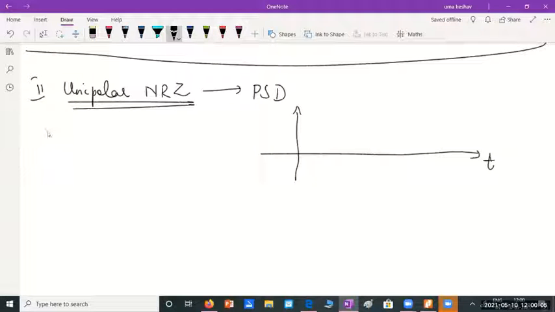How do I represent the given? Say x of t. Unipolar means it has only one polarity.